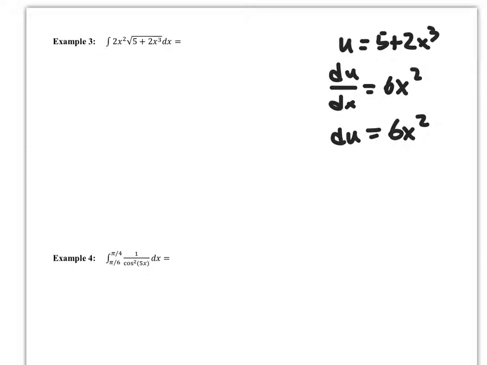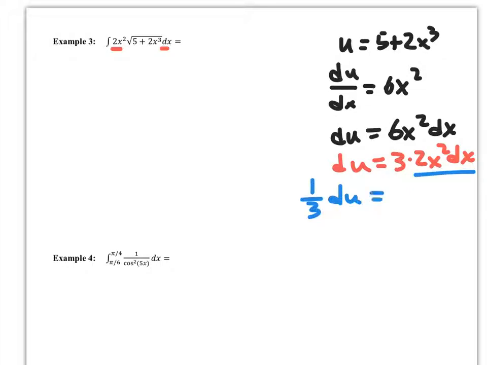Check this out here. I see 2x squared dx. 2x squared dx. Do I have a 2x squared dx embedded in here? I do. Look at that. So I'm going to bring this 3 over to this side. So 1/3 du will equal 2x squared dx.